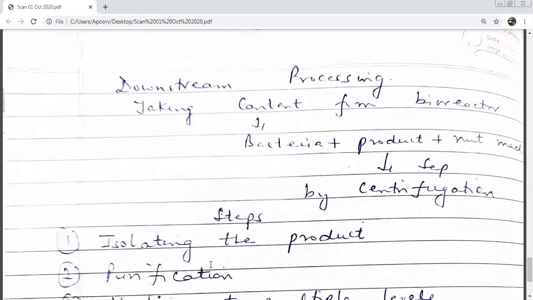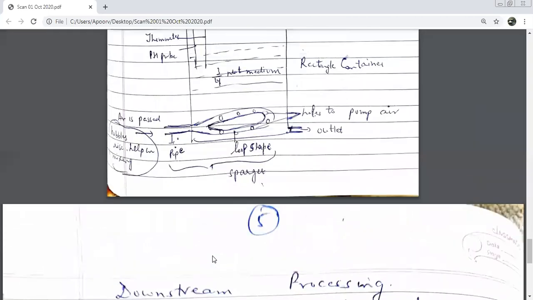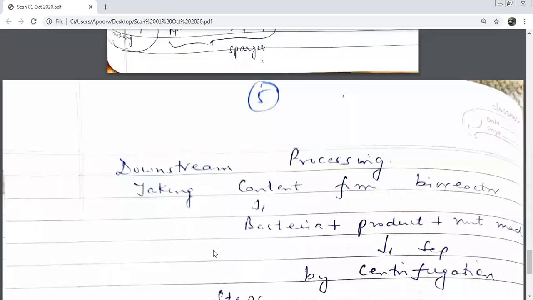Very quickly, I'm hiding this. Tell me the first step of downstream processing. Isolating the product. Okay, isolating the product. So that means you're separating your product from bacteria and nutritive mediums. Okay, next one. Purification. Yes, purification. And then next one. Testing. Testing the products at very different levels.